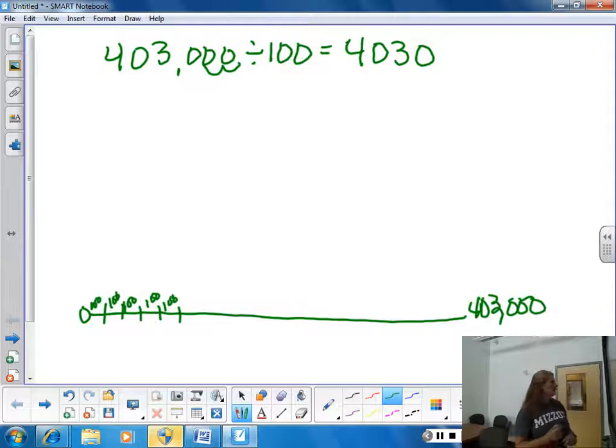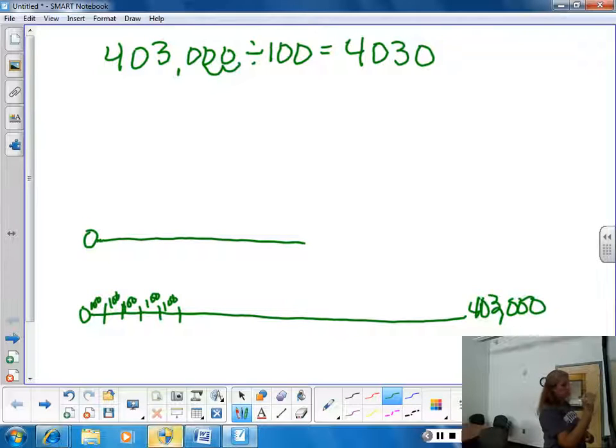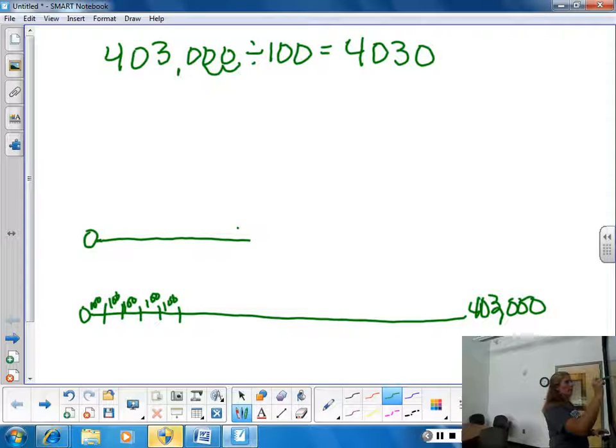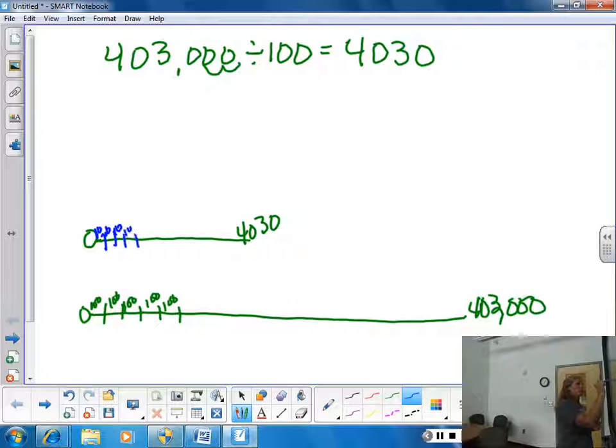Okay, so now, from that to 4,030, I'm interested in how many little sets of 10 are in here, because 10 people for each of these sets of 100 got injured.